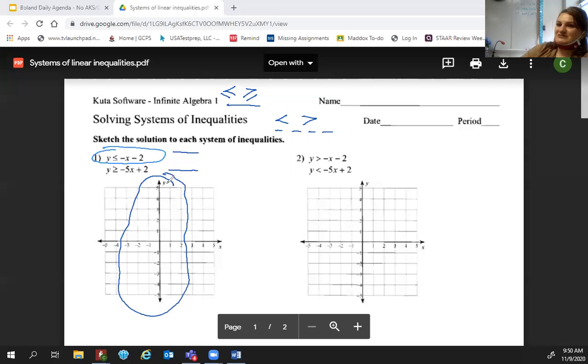This is the y-intercept. This tells us to start at -2. From -2, this slope says -x. -x to us means -1x.